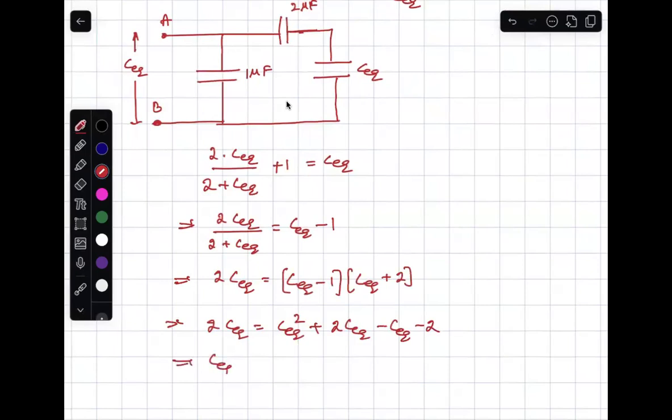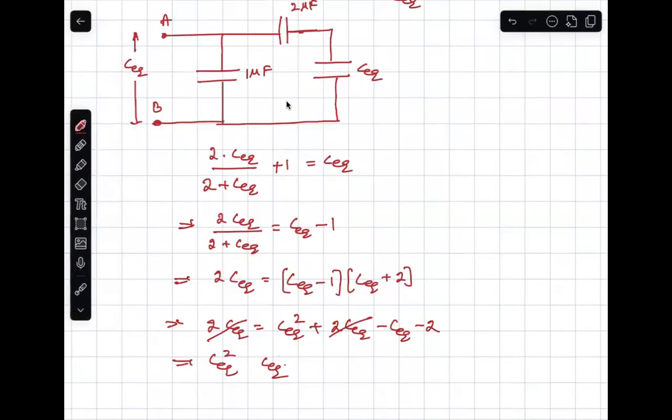This implies C equivalent square plus 2 times C equivalent, minus C equivalent, minus 2 is equal to 0.